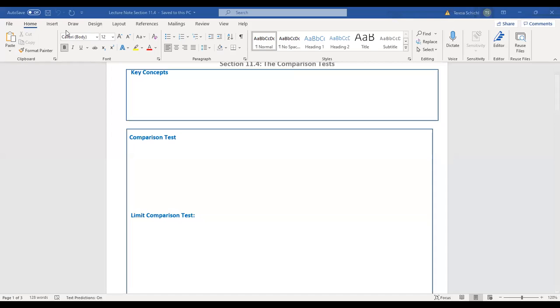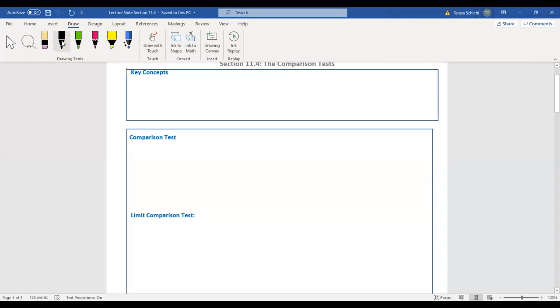Here are the key concepts for lecture number 18. The first is the comparison test, and then we're also going to talk about the limit comparison test.